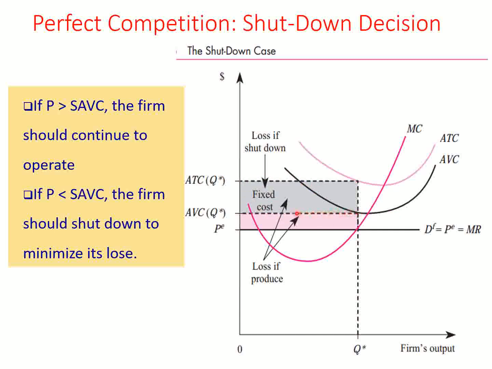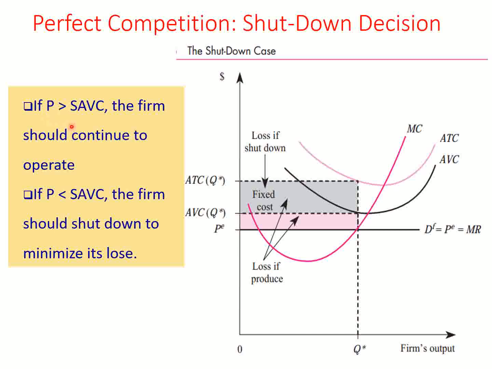But here, if the price equals average variable cost and below, it is better to shut down. Otherwise, if we continue our production, there is a loss, because every single product that we produce cannot cover its average variable cost.